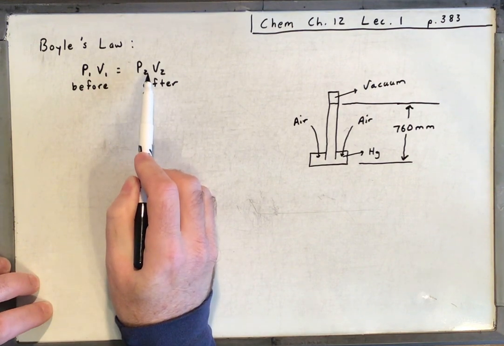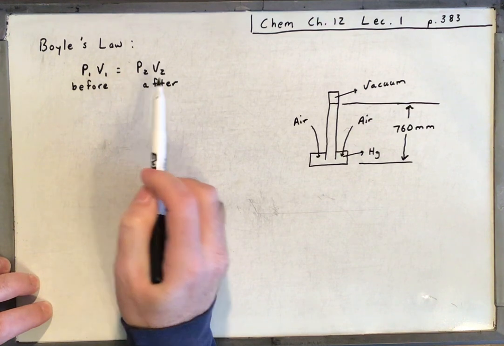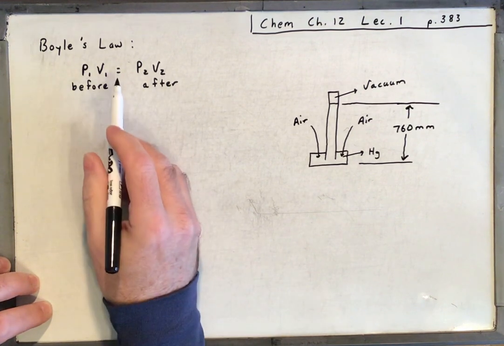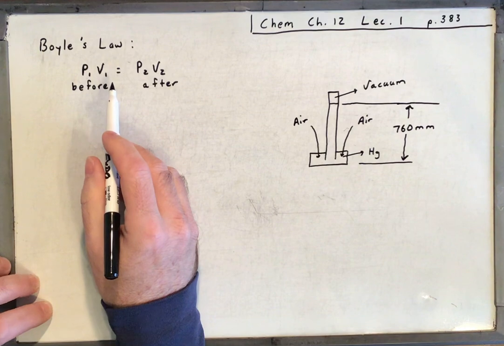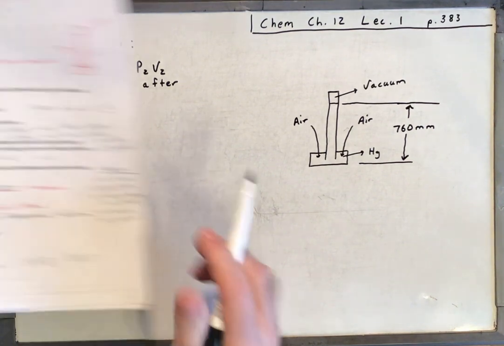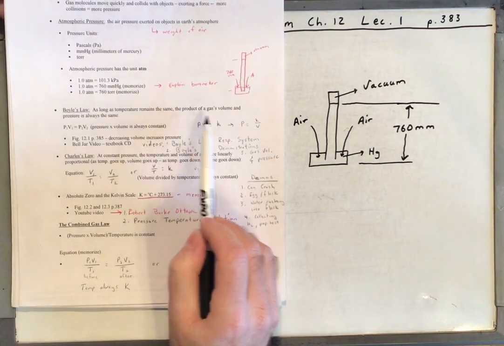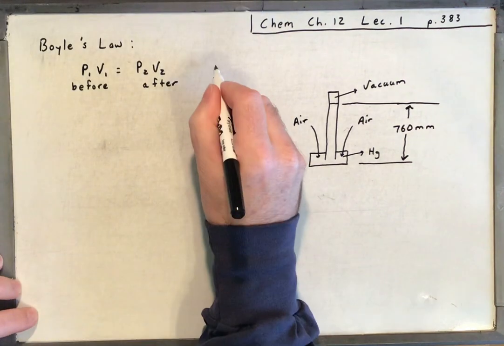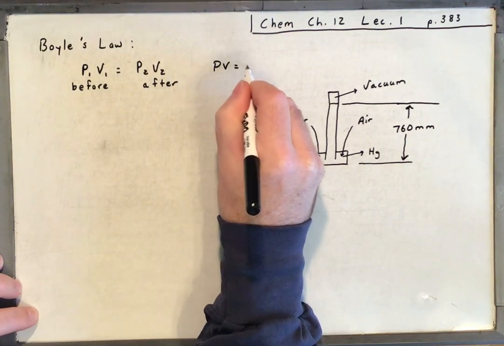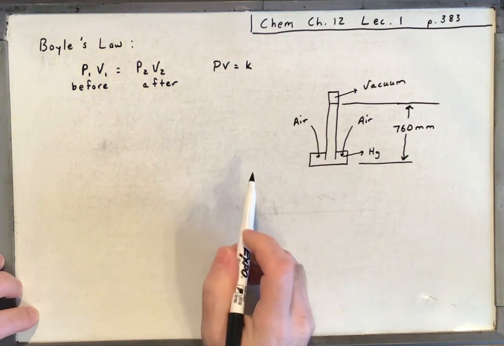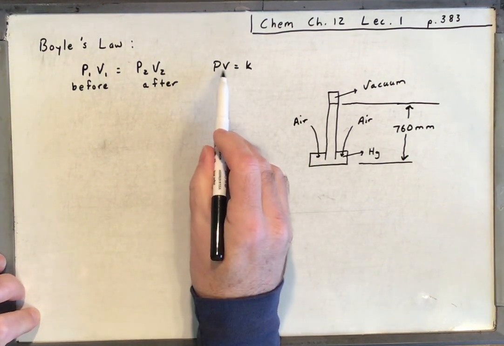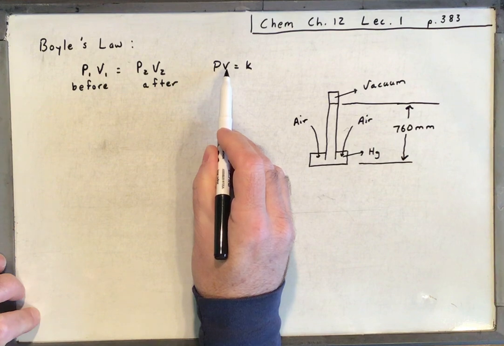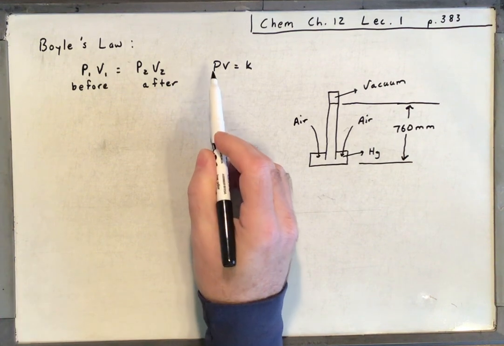I've got a couple of videos linked in the description box to explain Boyle's law. But you can read the definition. As long as temperature remains the same, the product of a gas's volume and pressure is always the same. So pressure times volume is going to equal some constant. If pressure goes down, volume will go up. If volume goes down, pressure will go up.